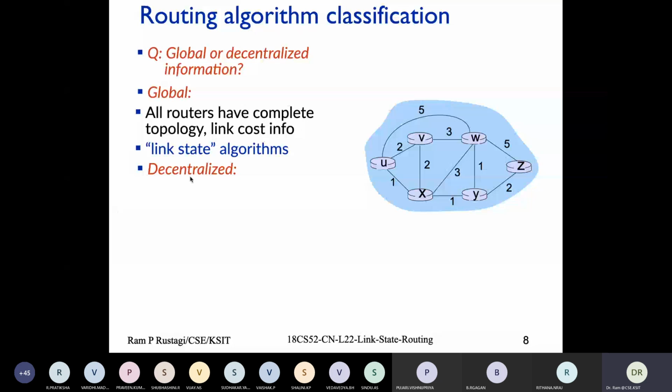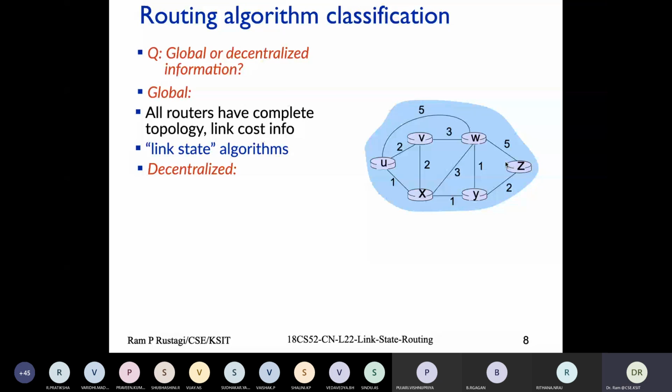However, if a node knows only neighbors, you know that I can reach V, you know that I can reach X, you know that it can reach W, but it doesn't know beyond that. W can say that I can reach Z with a distance of 5. You will trust that, but you will not know whether W is directly connected or going via 3 hops, each with a cost of 1, 1, and 2.